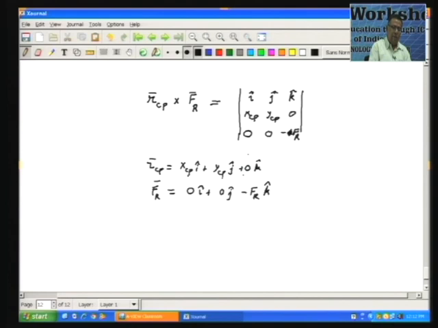Now, if I expand this determinant, you see that the k component is 0 and you have only an i and a j component. So, we have minus YCP into FR i, and if you look at the j component, you are going to have this subdeterminant with a minus sign. So, you are going to have XCP into FR into j.